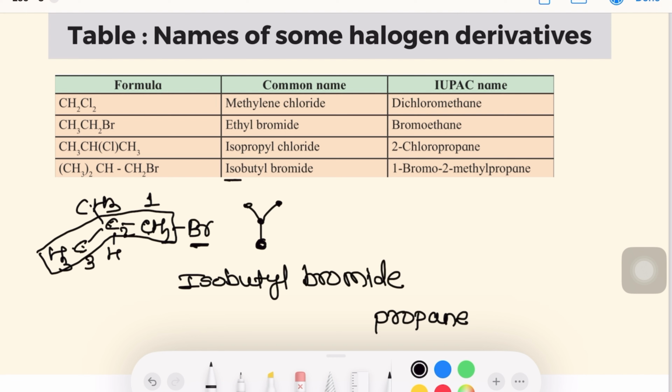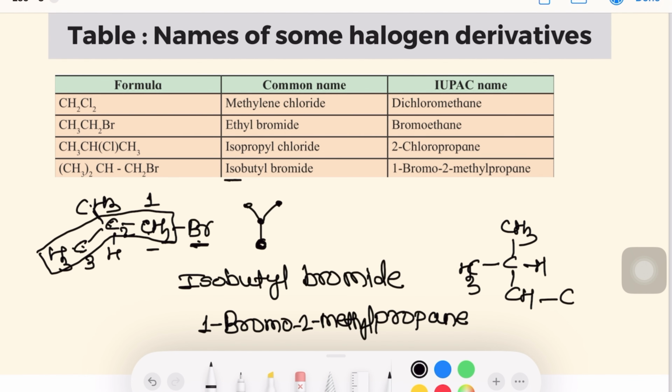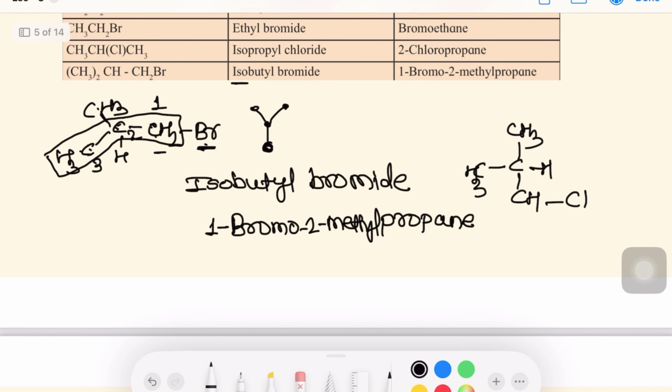Okay, CH3 C CH3 CH. What type of carbon is number 2: primary, secondary or tertiary? Carbon number 1 is primary.